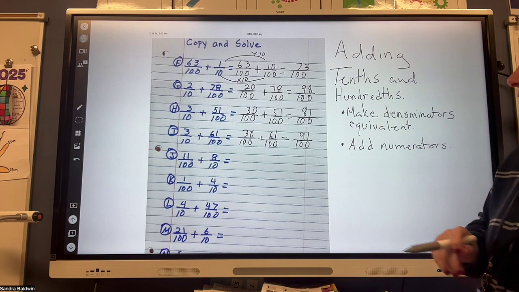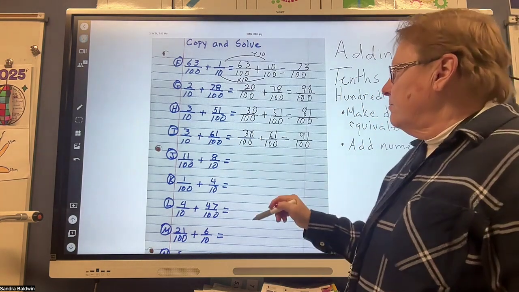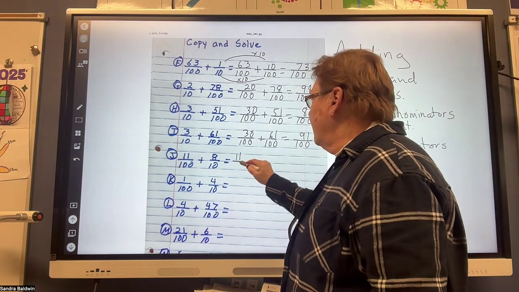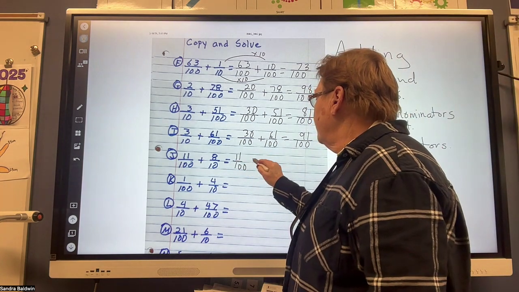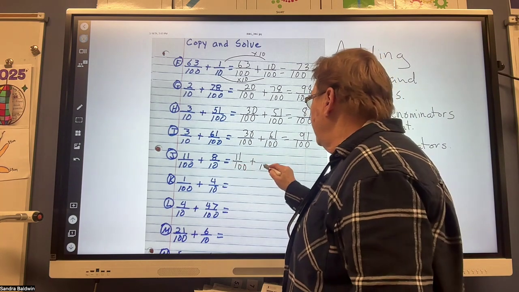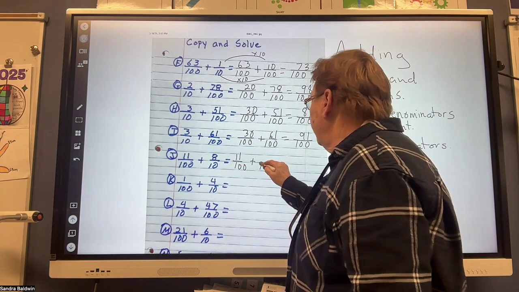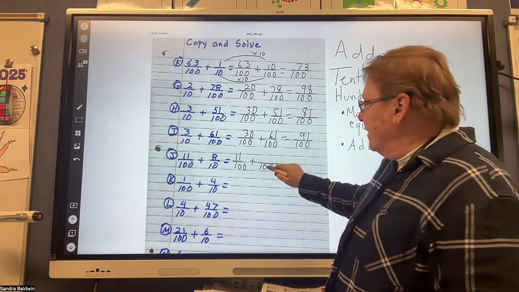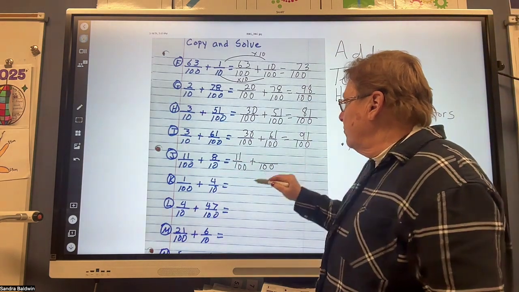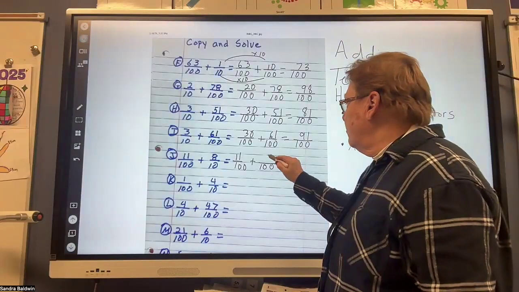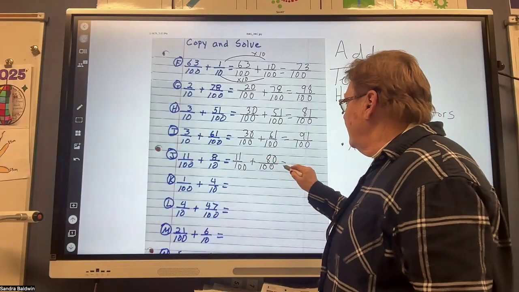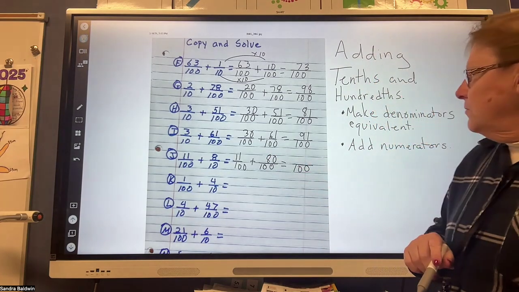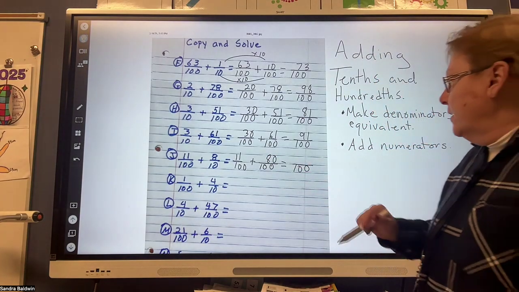For problem J, 11 hundredths plus 8/10. All right, I'm going to just copy my 11 hundredths. Got to find the equivalent fraction with 100 as a denominator. I'm going to do that by multiplying by 10. 10 times 10 equals 100. 8 times 10 equals 80. So this fraction will also be 91 hundredths.